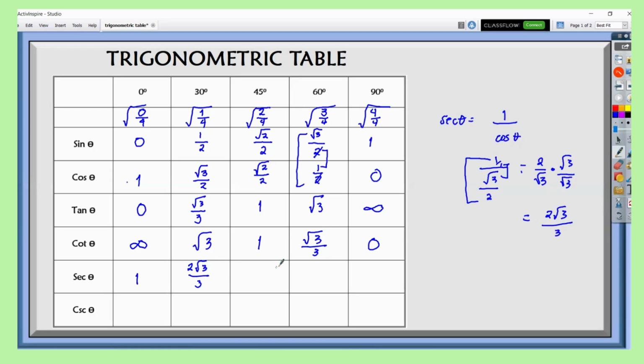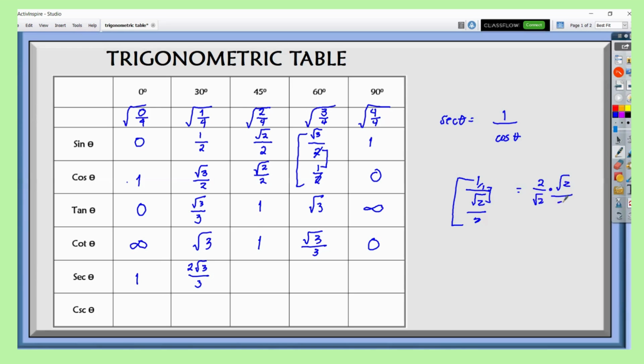For secant 45, that is 1 over cosine, which is square root of 2 over 2. We know that that is 1. So we will multiply 1 times 2. So that is 2 over square root of 2. Let's rationalize this by multiplying it by square root of 2.